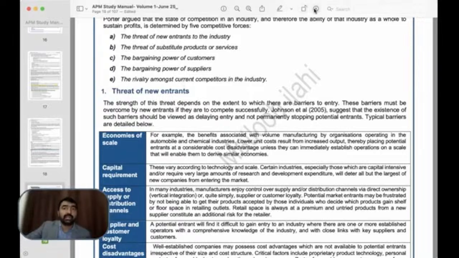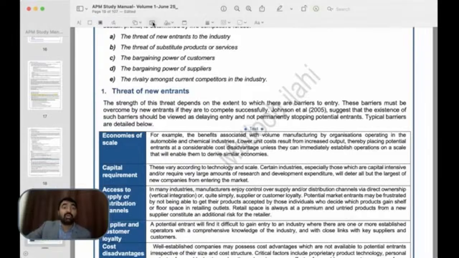That is the point that you need to note down: how different businesses are responding to these threats, because an APM question may ask you this type of question as well.